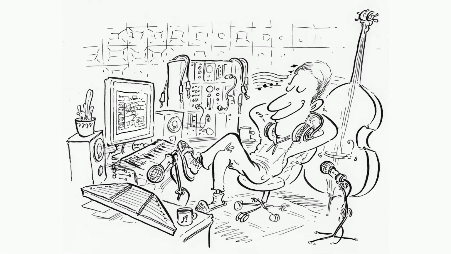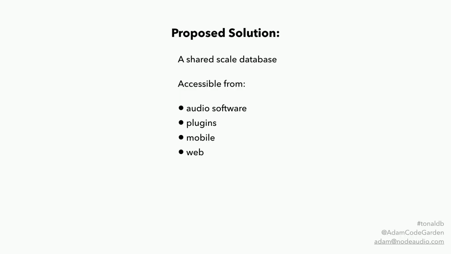So there's a picture of how someone might look happy that they can make microtonal music easily. So my proposed solution consisted of a shared scale database that should be accessible from any audio software, from plugins, from mobile apps, and from the web.